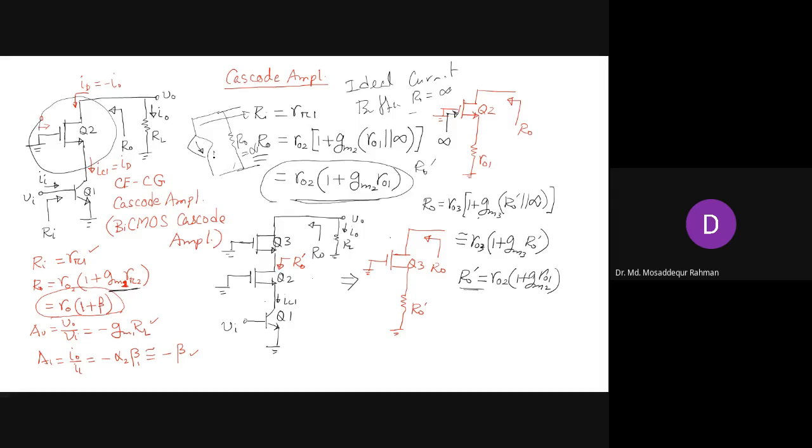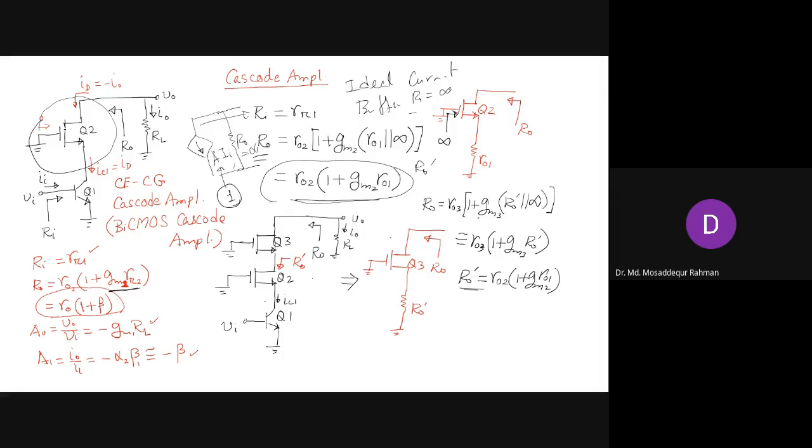And for a current source we write the gain as A_I, and in the case of a current buffer, this is 1, right? When you are talking about a current source or current buffer or current amplifier, the gain is 1.